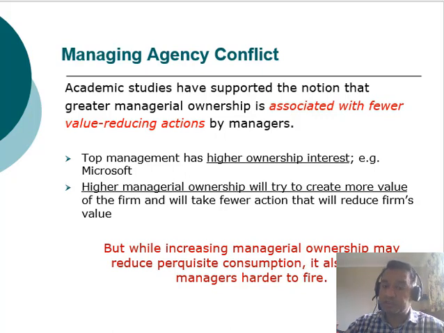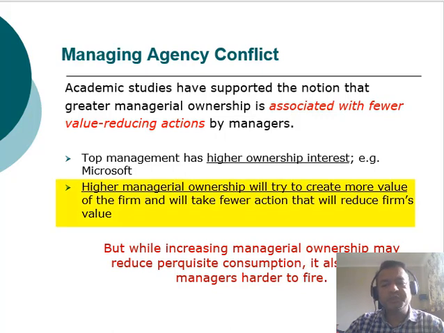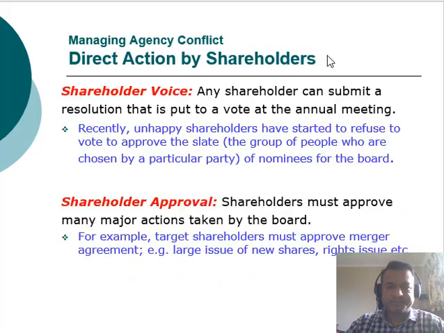Top management has higher ownership interest. For example, at Microsoft, they do not want to reduce the value of the company because of the higher interest of Bill Gates. Higher managerial ownership will try to create more value for the firm and will take fewer actions that reduce the firm's value because the higher management has strong incentives in the corporation.